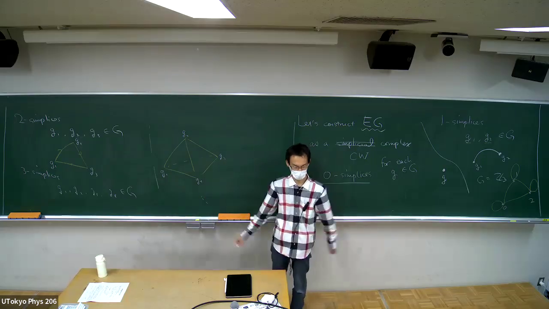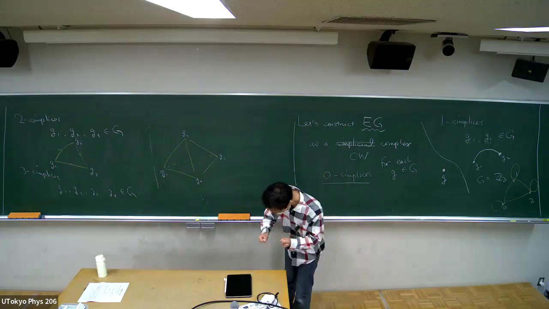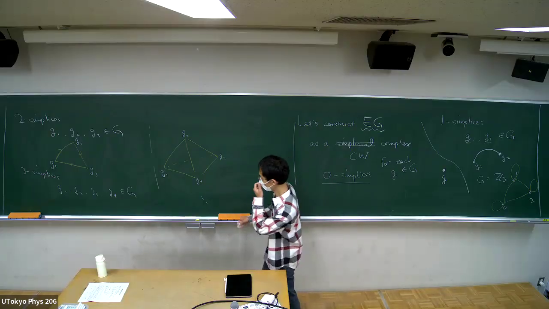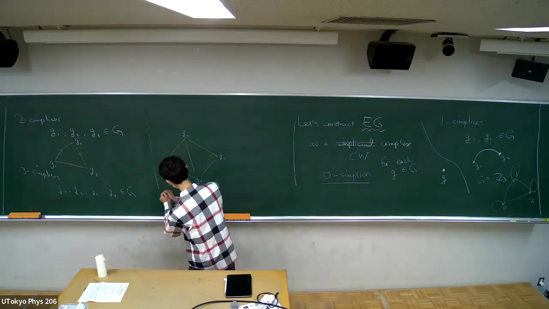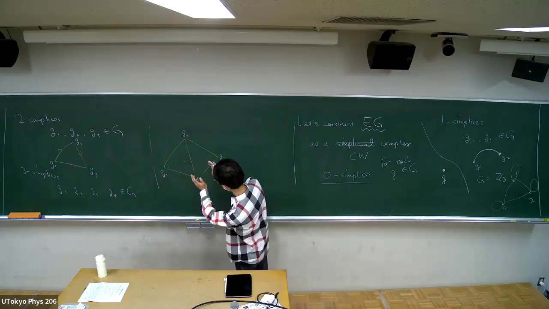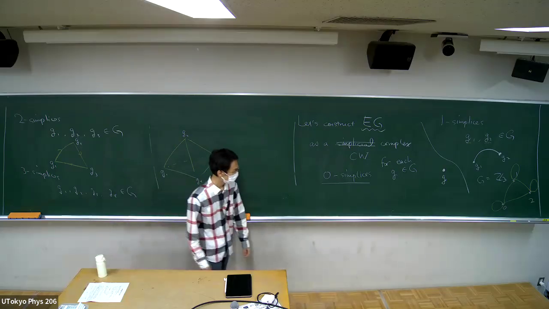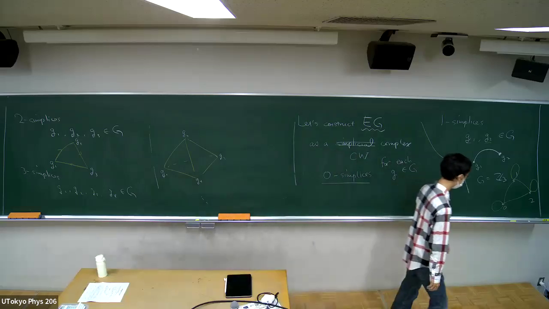So it's a very obvious construction. Once you realize it, you just choose all possible elements in all possible permutations and introduce simplices corresponding to each of them.